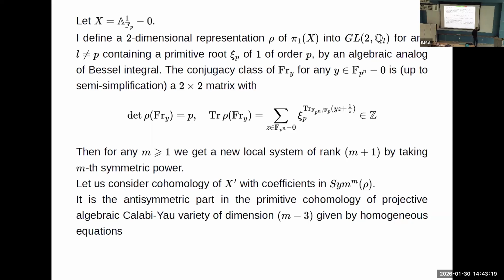What am I doing here? I want to associate a two-dimensional representation of the fundamental group, so that for each point of my variety over some extension of a finite field, I should get a 2 by 2 matrix. The 2 by 2 matrix is determined essentially by trace and determinant.